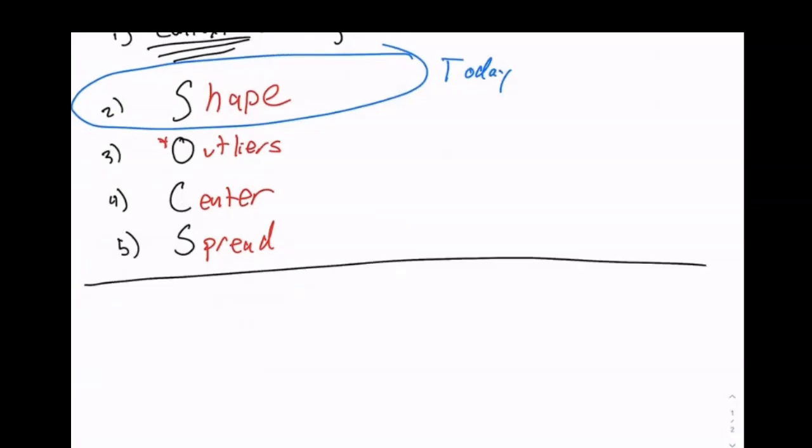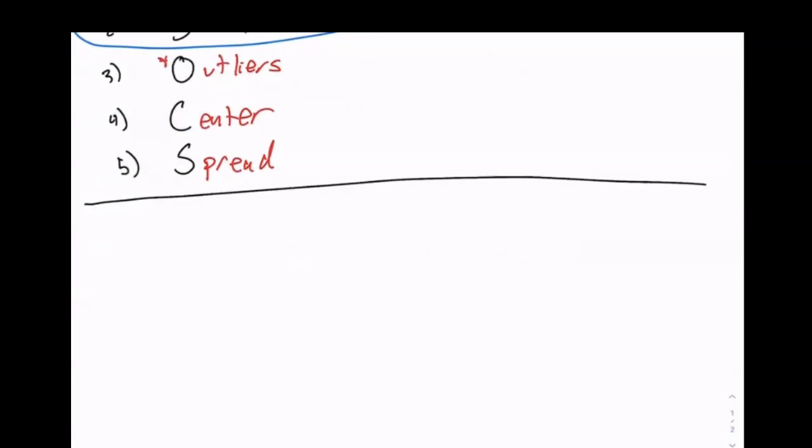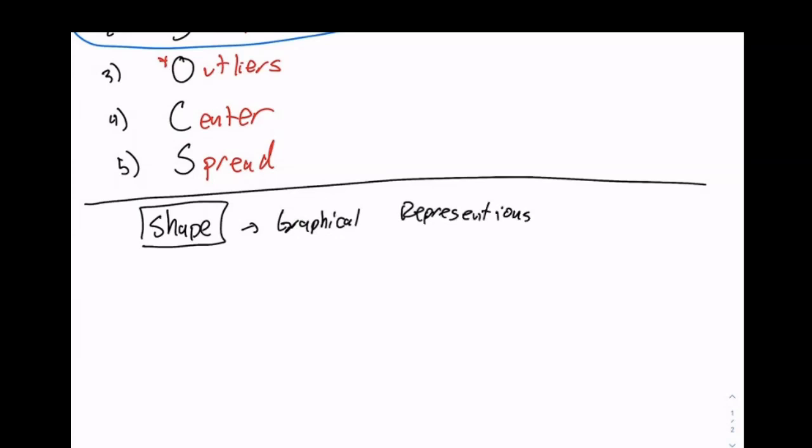There are 3 basic shapes that we refer to and talk about in statistics. Okay? So when talking about shape, we're talking about graphical representations that we have been given, or we will be drawing, for quantitative distributions.